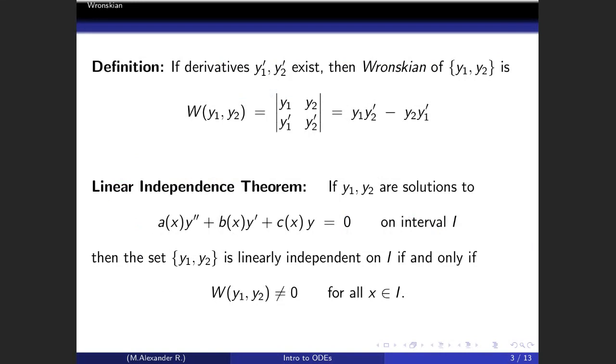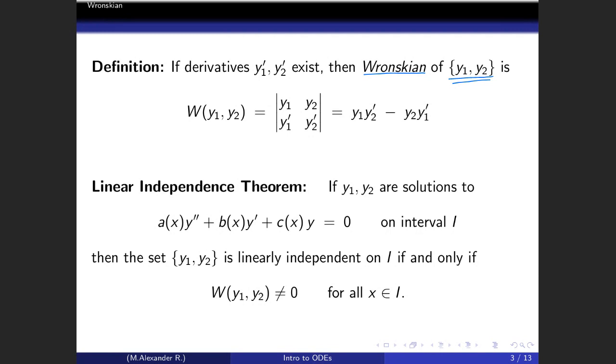Wronski was the last name of the man who came up with this information. I need to give you the definition for the Wronskian for 2 functions. Later on, we're going to give you the definition for the Wronskian for a collection of 3 functions. It gets a little bit more lengthy, very lengthy, really fast.